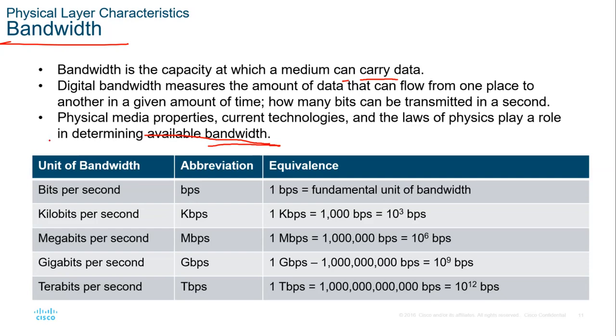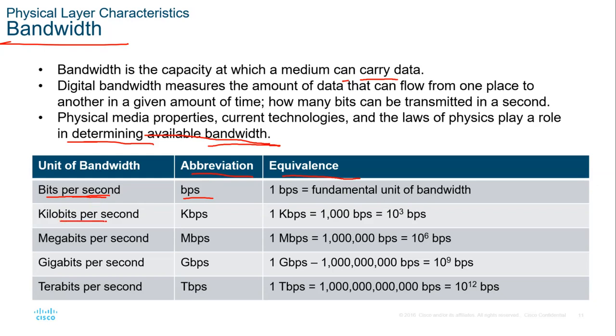So the measurements of bandwidth are here: the unit of bandwidth, then the abbreviation, and then the equivalence. Bit per second is the smallest unit of bandwidth of all the measurements. One bit is the fundamental unit of bandwidth, and a bit can be either a 0 or a 1.